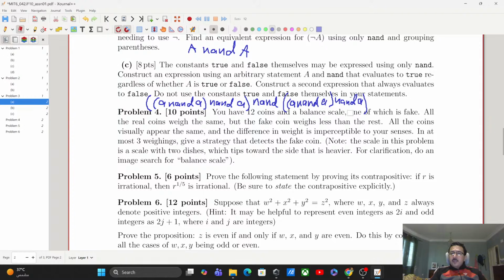So, yeah, this is it. This is the false one. Am I correct? This is the false one. A and A and itself.